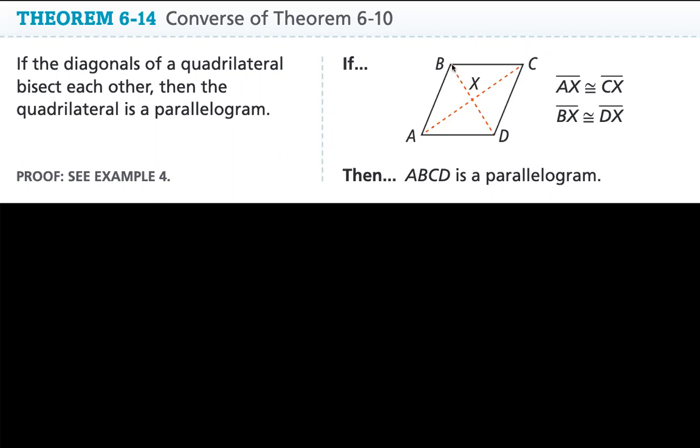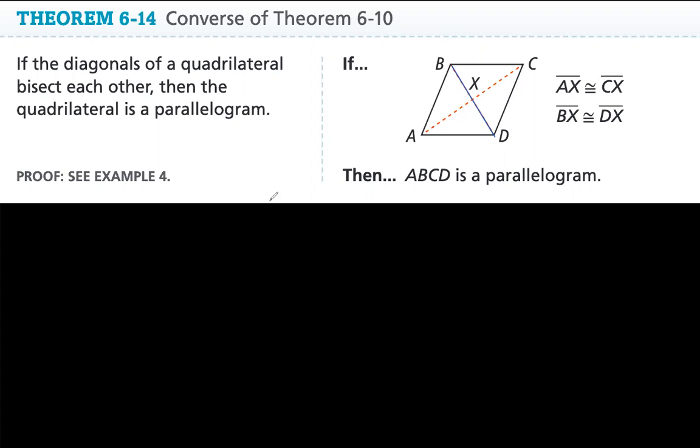So AC divides that diagonal, in blue, diagonal BD, into two congruent parts.